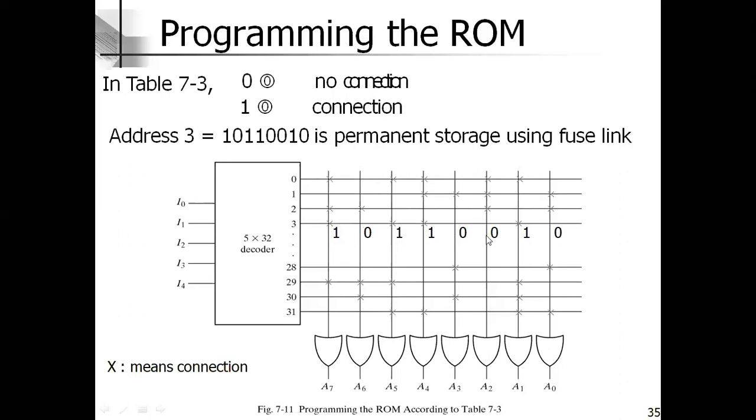So finally we got the output when address 3 is selected, that is 10110010. Is it clear? What is the ROM connection? Are there any doubts regarding the ROM structure?